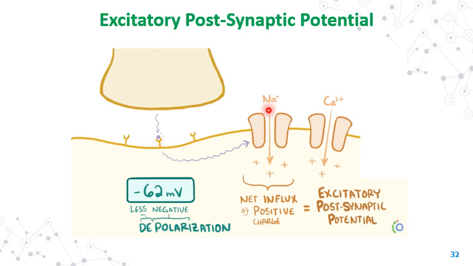When you have a local depolarization, you know that the inside of the cell is going to be less negative, going towards more positive, right? If that local depolarization triggers opening of another ion channel that allows positive charge to get inside of the cell, that means the inside of the cell is going to become even more positive.